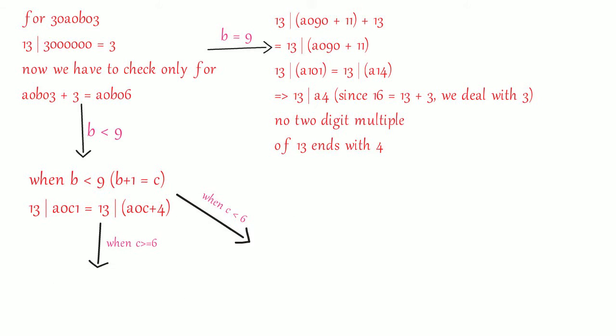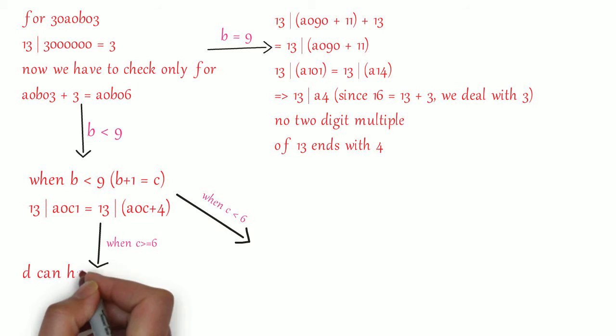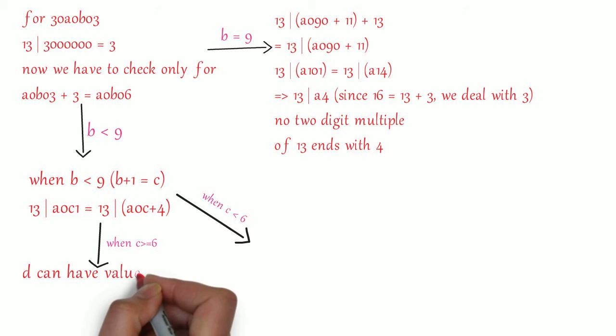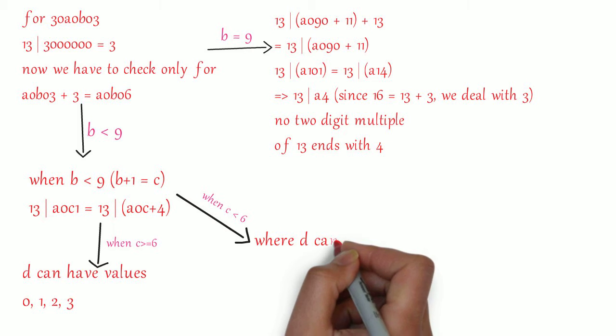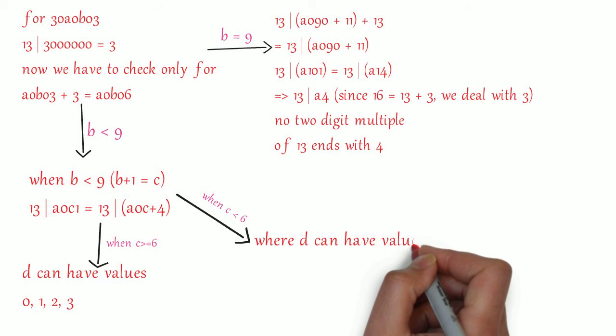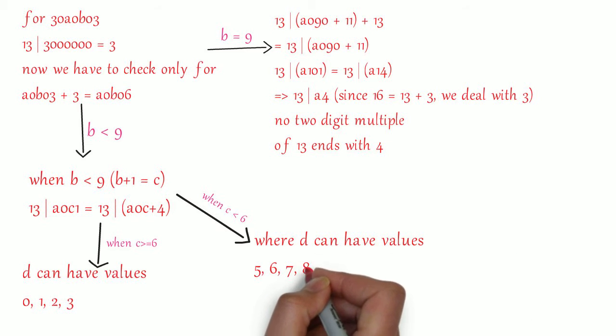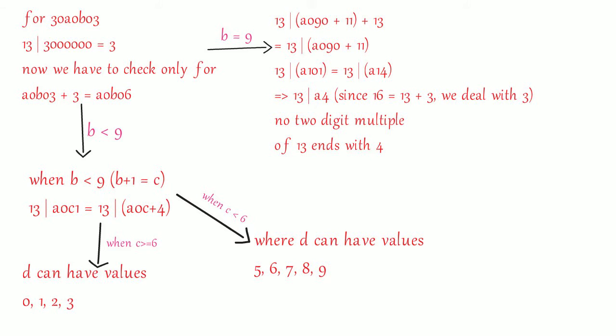There might be a carryover or there might not. In cases where we'll get a carryover, the units digit becomes 0, 1, 2 or 3, depending on what C is. Similarly, in the cases where we don't get any carryover, the units digit becomes 5, 6, 7, 8 or 9, depending on what C was.